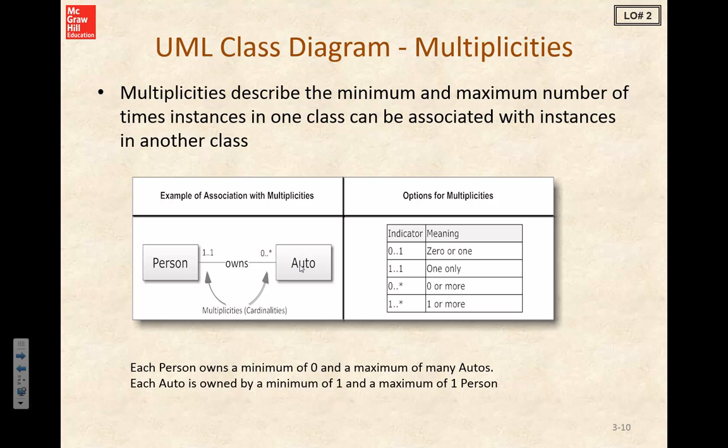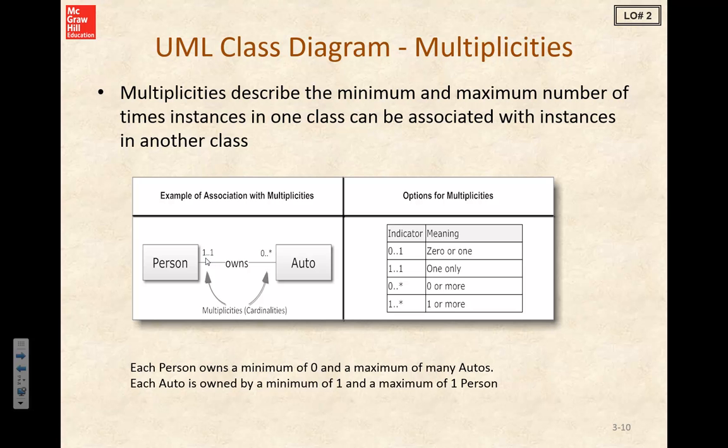But now if we want to take it from the auto perspective, we'll travel along the owns line. Each auto is owned by a minimum of one person. If we were looking at auto registrations, they would have to be registered by at least one person, and a maximum of one person, because each auto is only registered to one person.